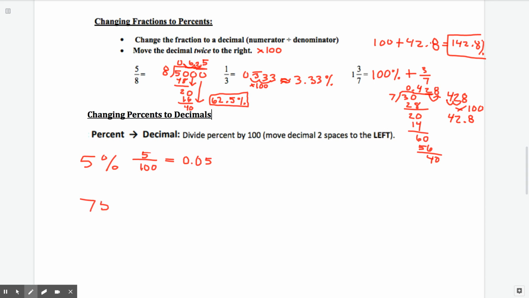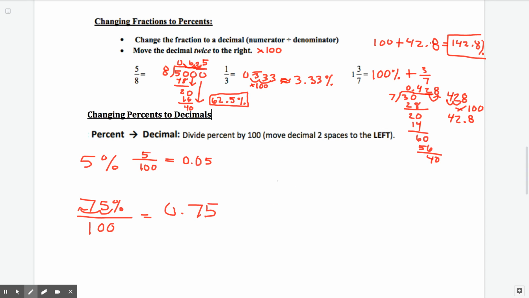Let's try another one. 75%. Well, if you're dividing by 100, what happens? I see 2 zeros. That means 2 place values. 1, 2. So my answer here would be 0.75.